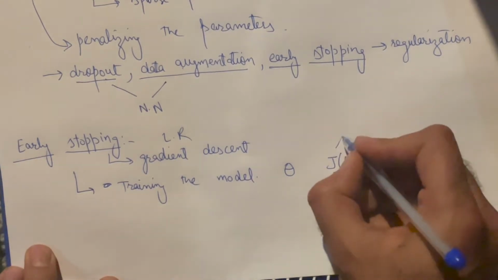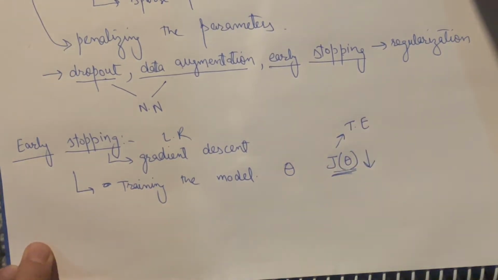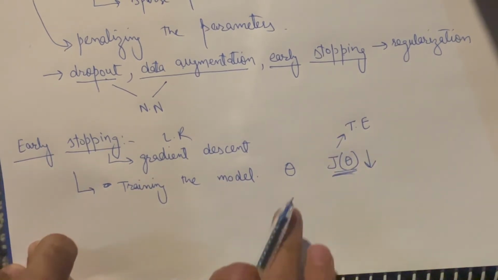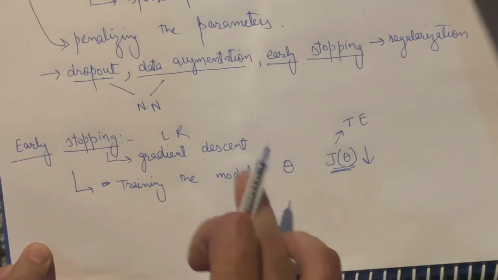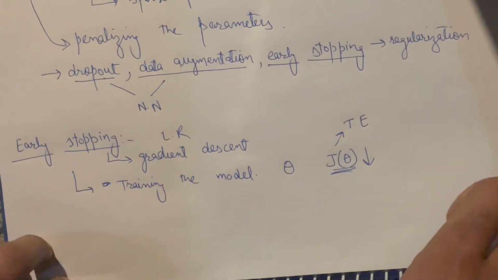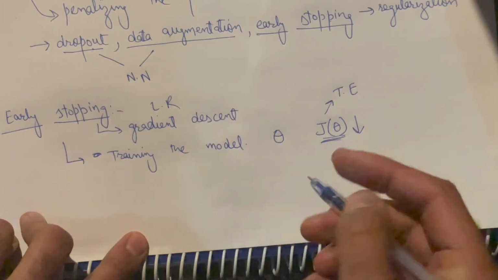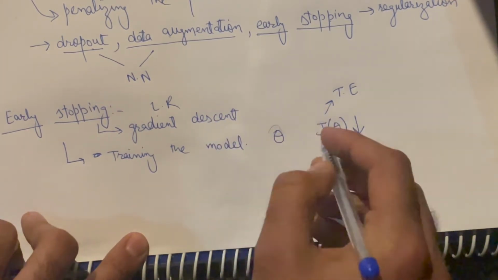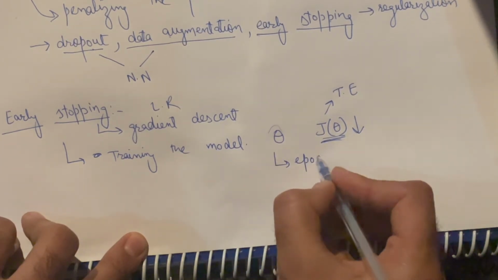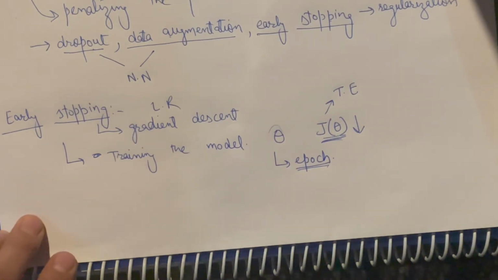This is a loss on training, also called training error. So we go on changing the theta till we reach the minimum J theta. When we run one iteration, one updation, then another updation, each iteration is called an epoch. So we have to run multiple epochs.